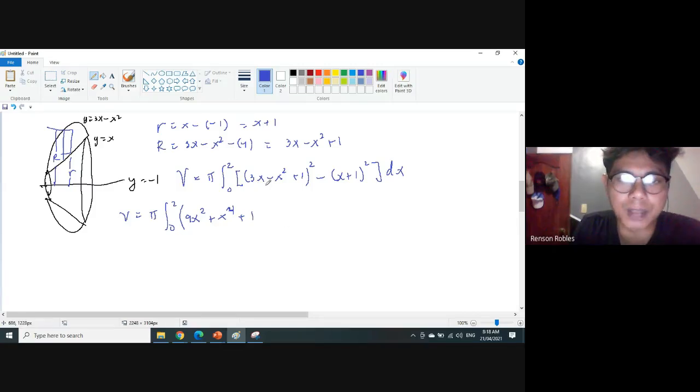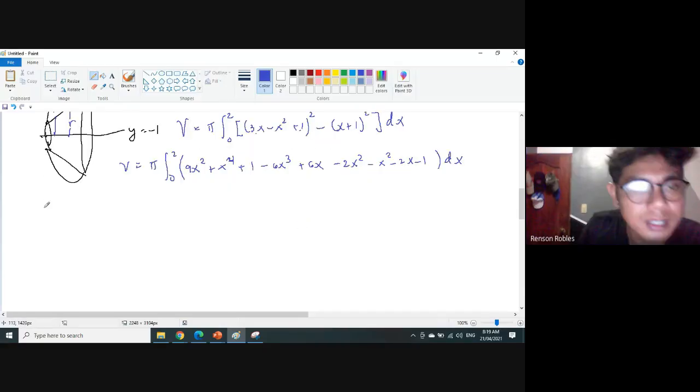Then twice the product of the first and the second: 3x times x squared is 3x cubed, twice, minus 6x cubed. Product of the first and the third: 3x times 1 is 3x, times 2 is 6x. Then twice the product of the second and the third: negative x squared, negative 2x squared. Then expand this part: x squared plus 2x plus 1. Then you distribute the minus sign, dx.